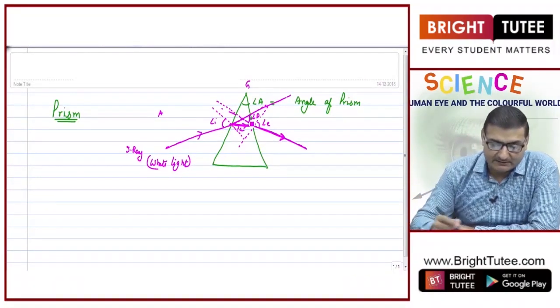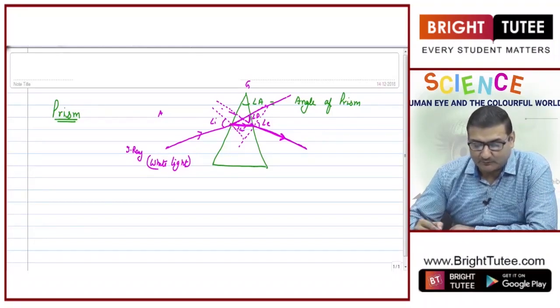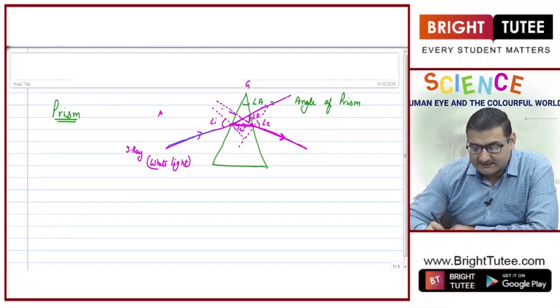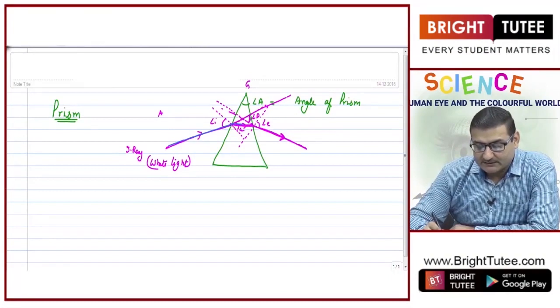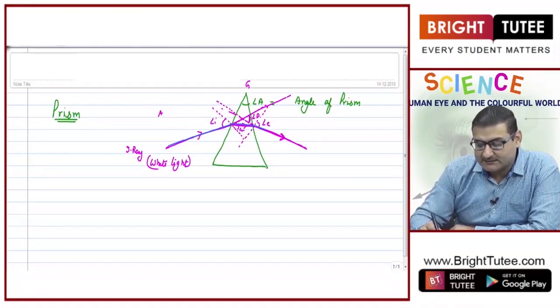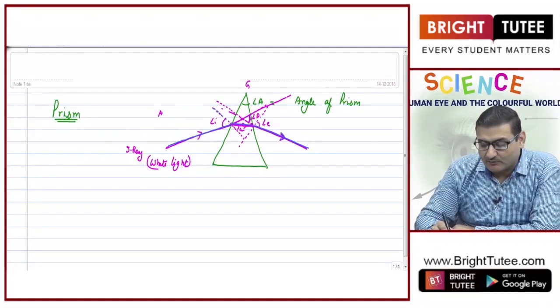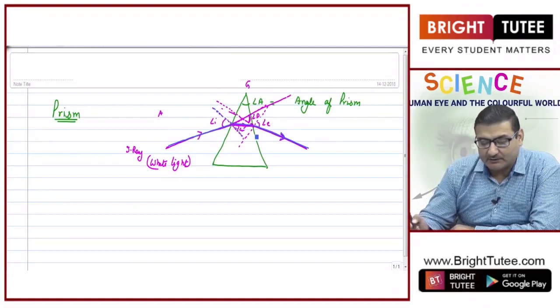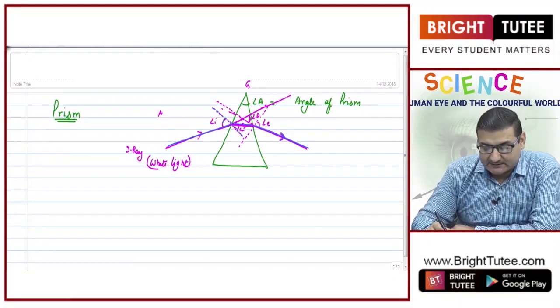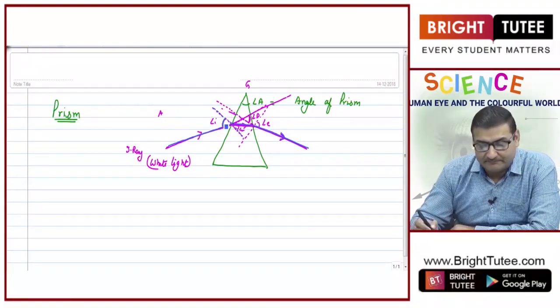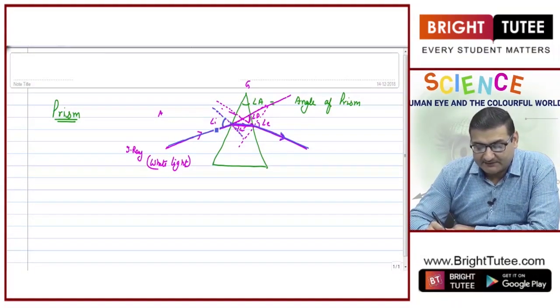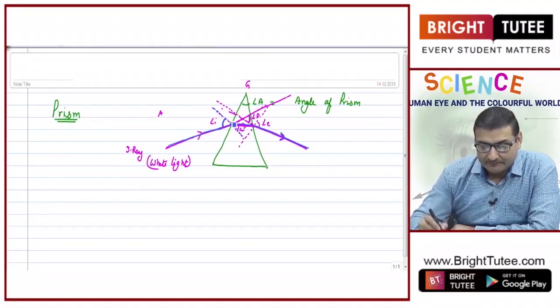So, in this particular diagram, we need to remember a few things. This is the incident ray, this is the refracted ray, and this is the emergent ray. If I just draw a perpendicular or a normal, then this will be the angle of incidence, as we know that it is the angle between the incident ray and the normal.